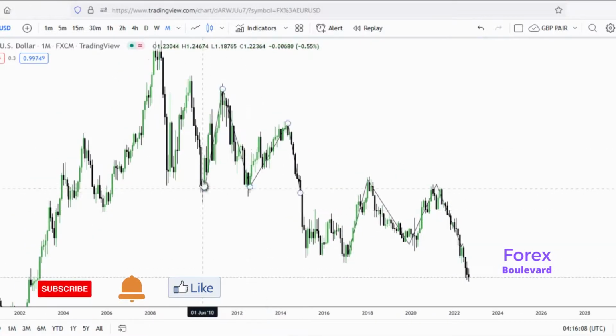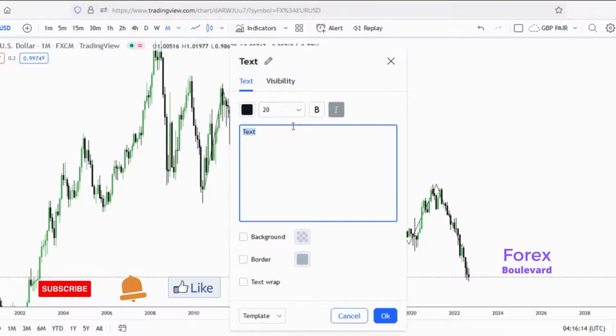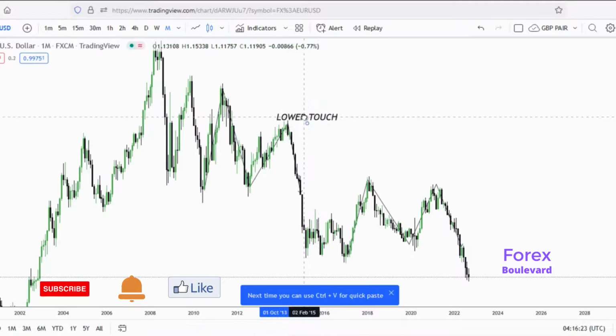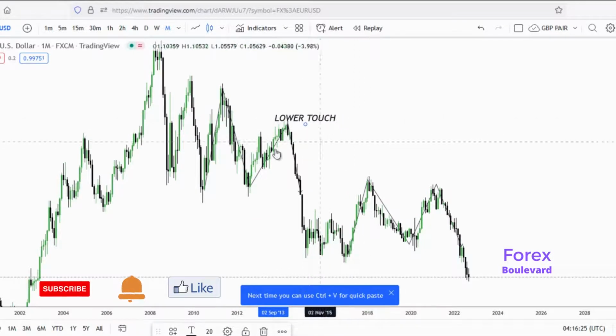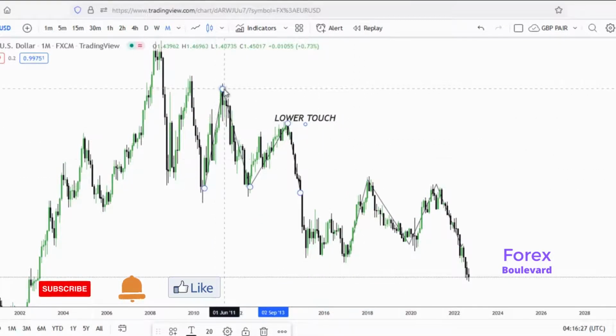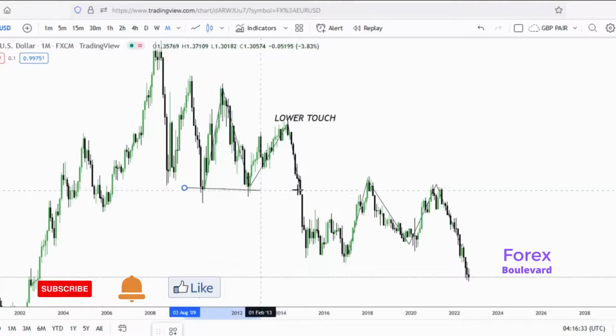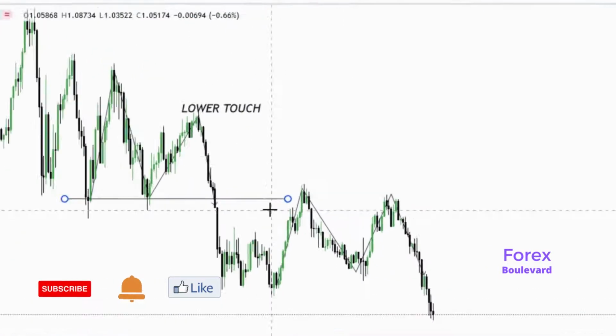After this double top here, say a double top with a lower touch, after making this push to the upside, down, push to the upside and down, we have a neckline here, so you can see that price has broken the neckline.